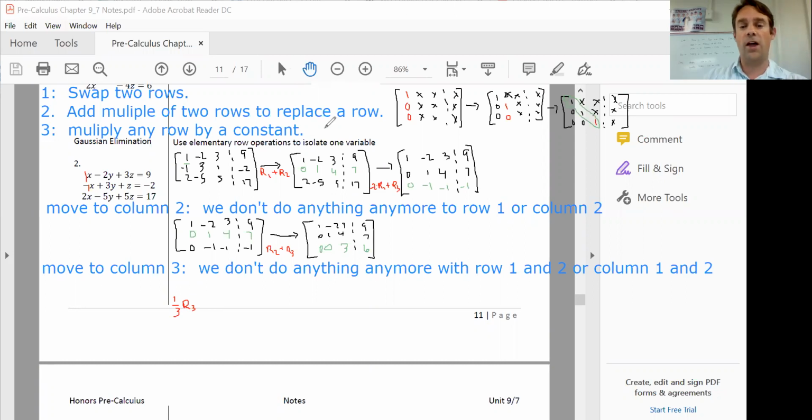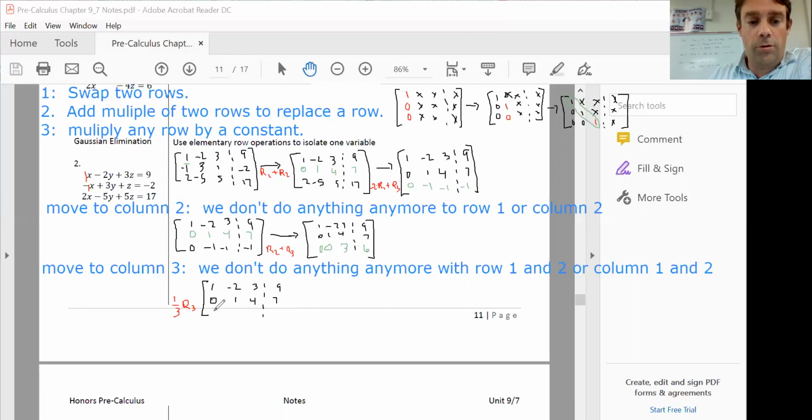Because I'd have my diagonal 1s with my 0s underneath. So the nice thing is, again, we have only 2 or 3 rules the entire time. And as we go through, it keeps things very, very organized. So I'm going to multiply that third row by 1/3.